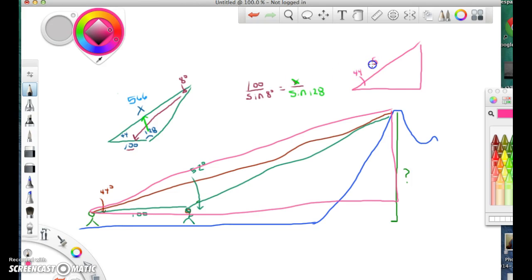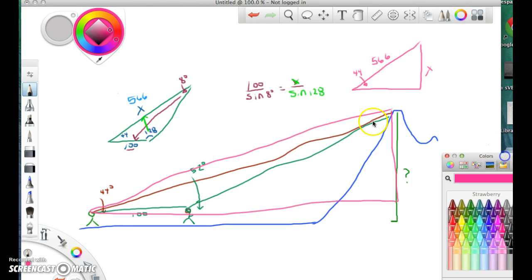We know this is 566 now. And we're trying to find that here. So now we could use regular old sine, right? Because we have opposite and hypotenuse. So now we use basic sine, and we're going to write the sine of 44 is the same as the opposite over 566.